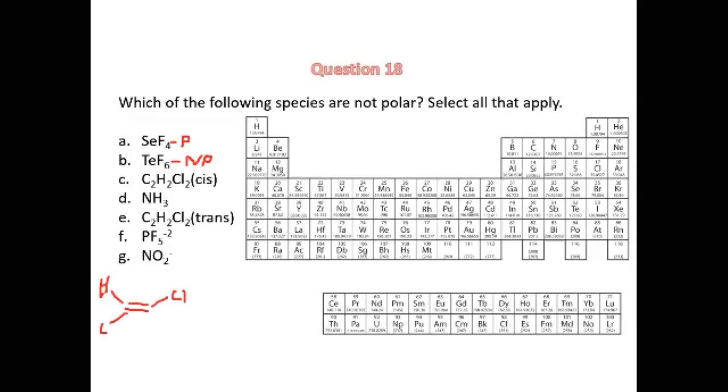In this first one, we've drawn the trans form because the chlorines are on opposite sides. T for trans. And then we draw the cis form. In the cis form, the chlorines are on the same side. Chlorine is more electronegative than carbon, so the dipoles point towards the chlorine atoms.